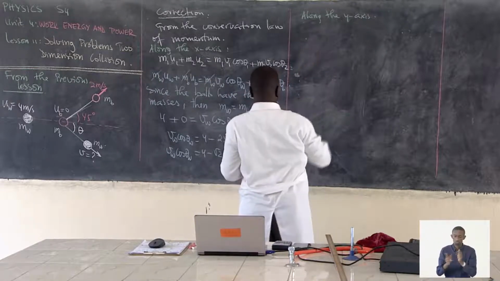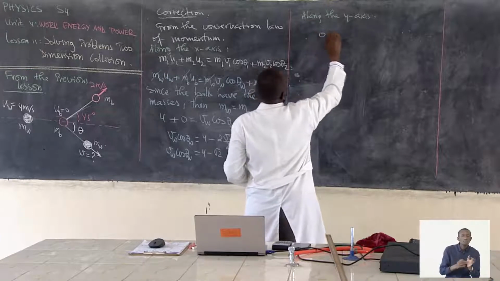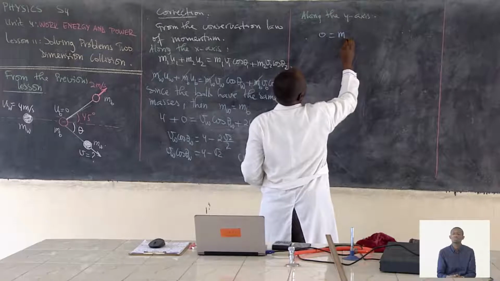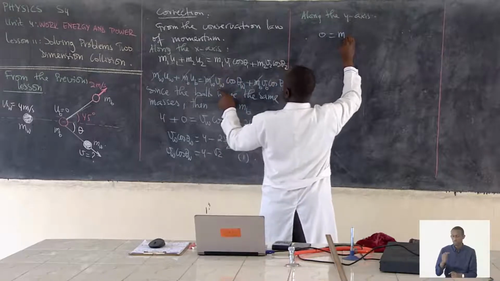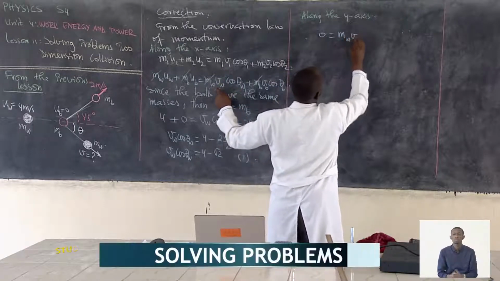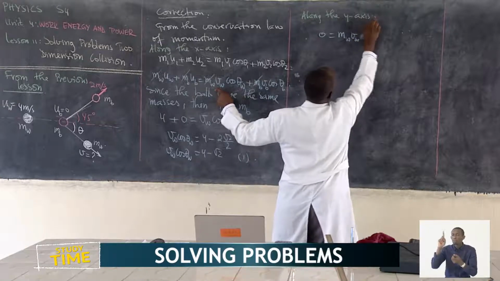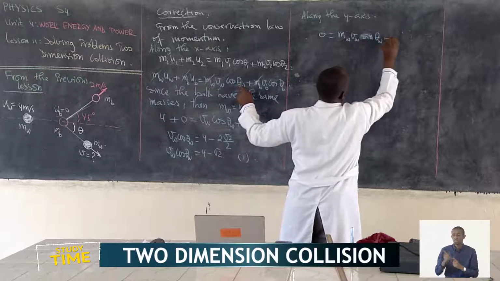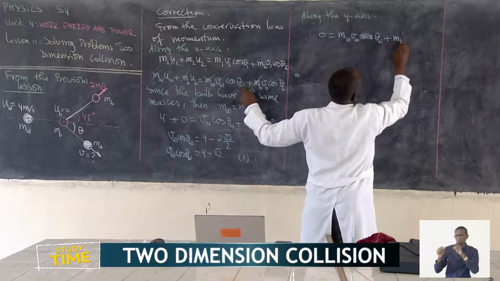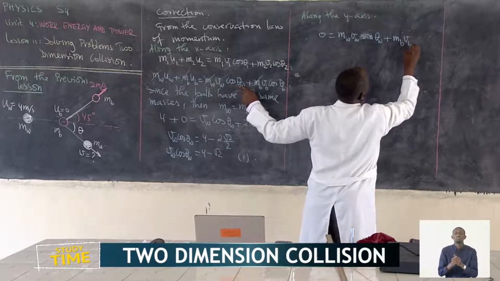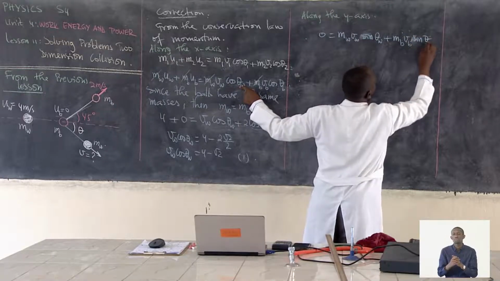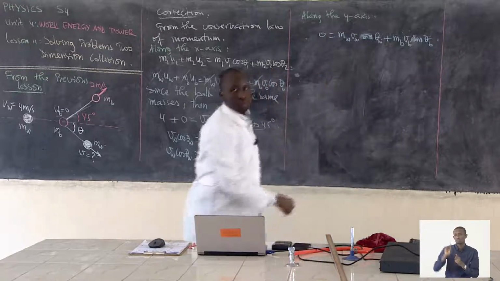And this is equal to the mass of the white, V of the white sine theta white, plus the mass and the speed, then sine of the black. This is what we have, okay?